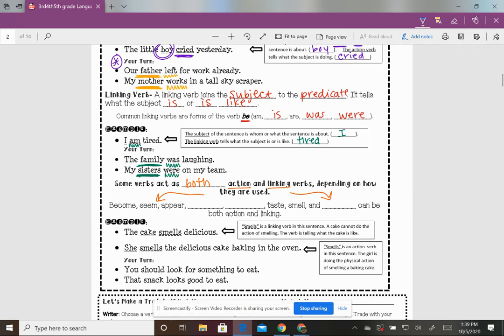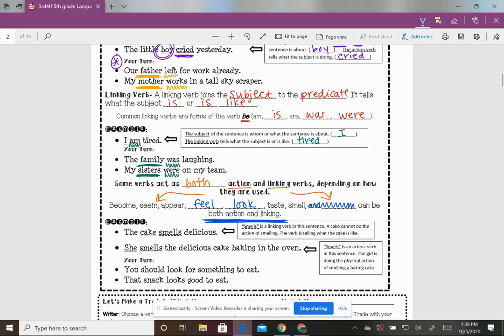Become, seem, appear, feel, look, taste, and we actually don't have a third example, so you can cross that off. These are the most common words that could be used as both action and linking.